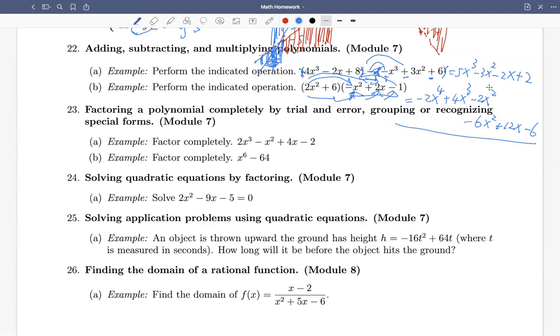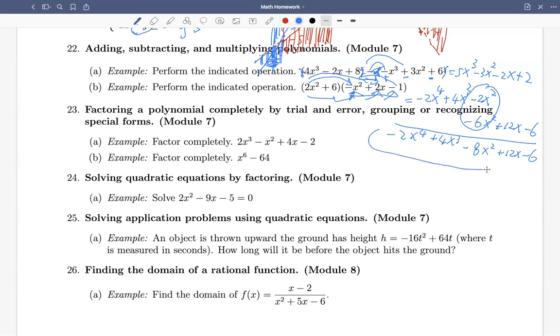So only those two are like terms. We combine those two. So we have negative 2x to the 4th plus 4x cubed minus, so we add those two, negative ax squared plus 12x minus 6. That's it. So this is for 22b.